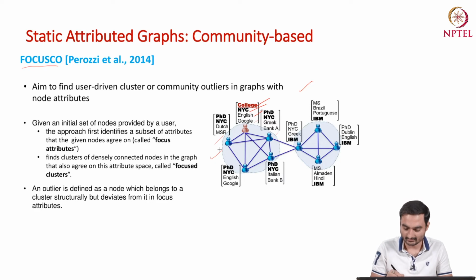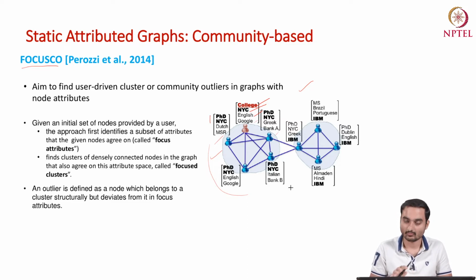So, in this particular community, if you look at it carefully, and if you say that in this community I will only look at 2 attributes, and not at the other attributes, because this community is defined by these 2 attributes. We are considering the first 2 attributes, the educational qualification and the current place. With respect to these 2 attributes, all the nodes belong to New York city.